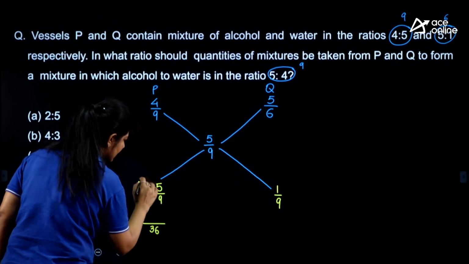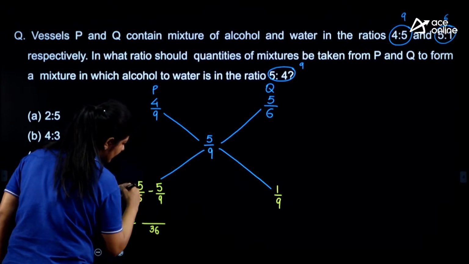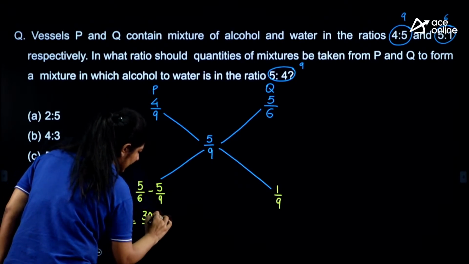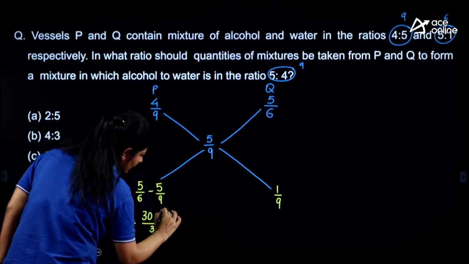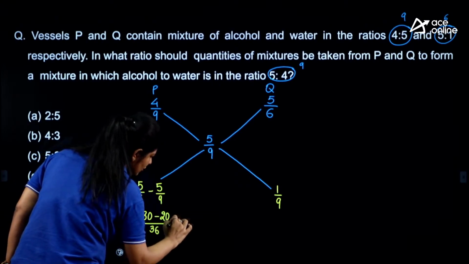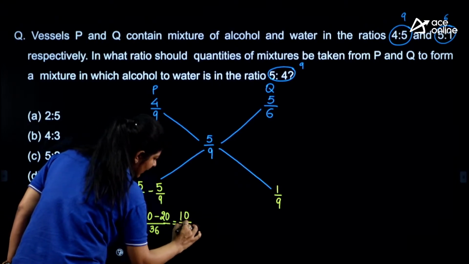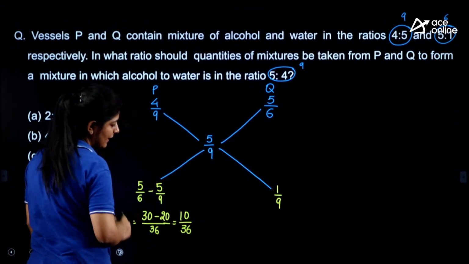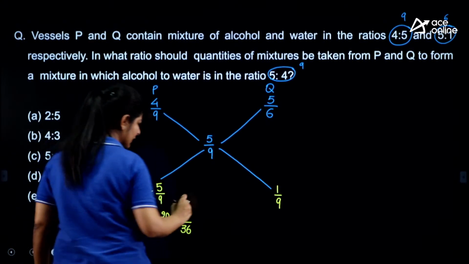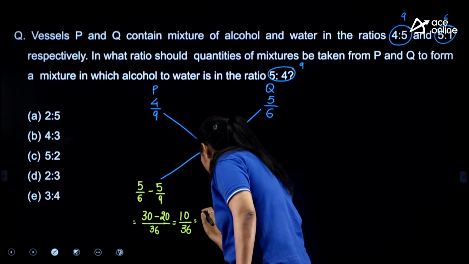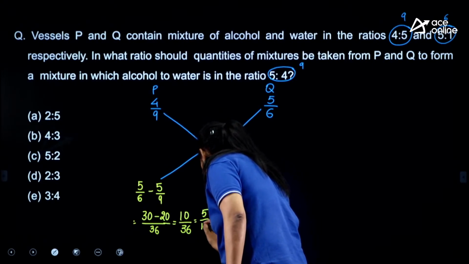So 6 into 5 is 30, minus 4 into 5, that is 20. So that is nothing but 10 by 36, right? Now we can cancel it with the help of 2, so here we are getting 5 by 18.